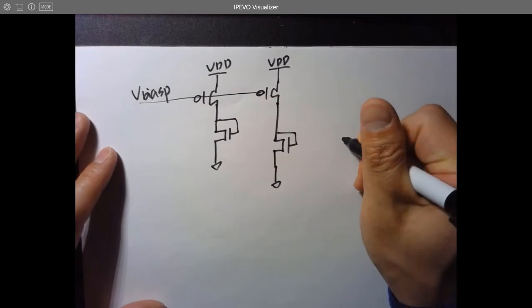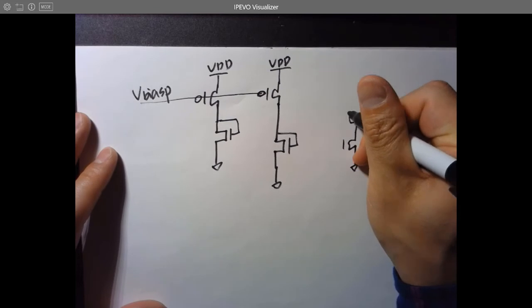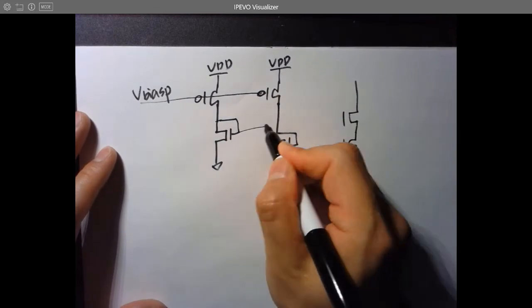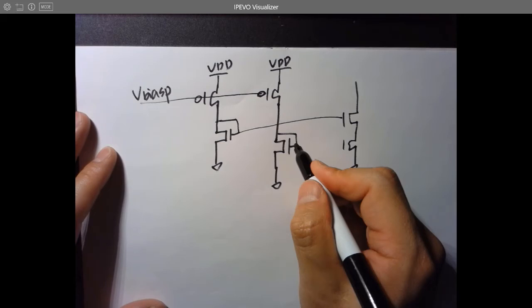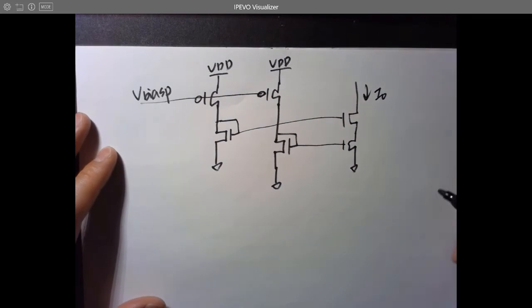And now that's the first NMOS at the bottom, and we have another one here. So we use this one to bias this guy, and this one to bias this guy, and that's IO, right?